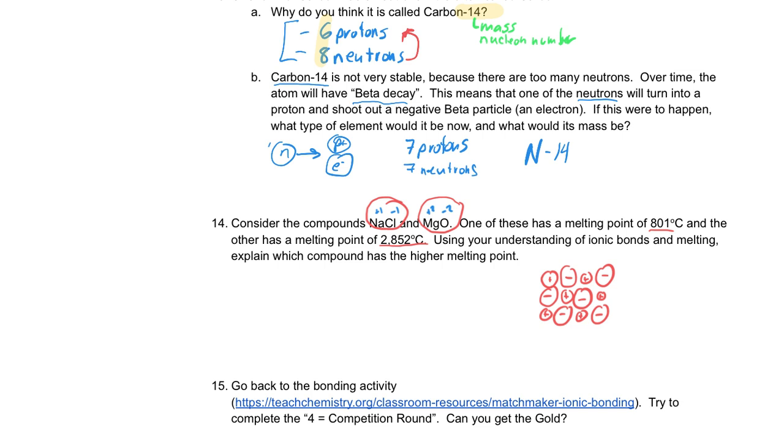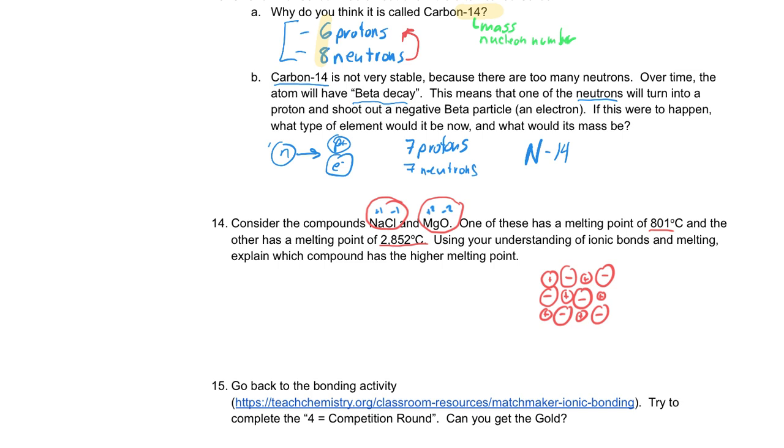Well, hopefully you're recognizing that having a larger charge, a larger positive and a larger negative, would lead to a stronger attractive force. Just like 2 objects with bigger mass will have stronger gravity, two objects with larger charge will have a stronger electrical force. So there will be a stronger bond there.